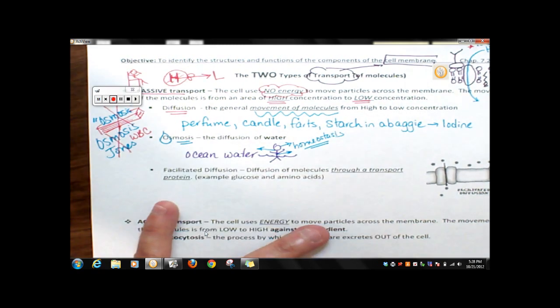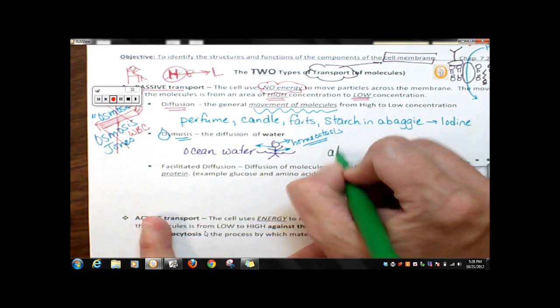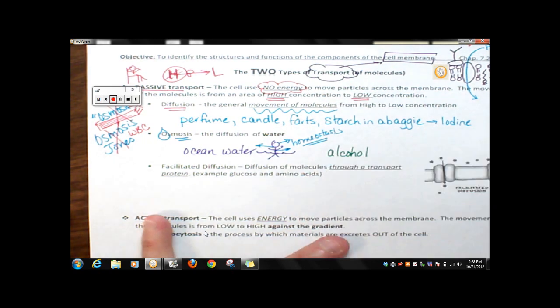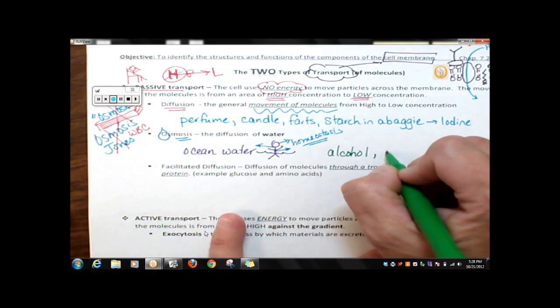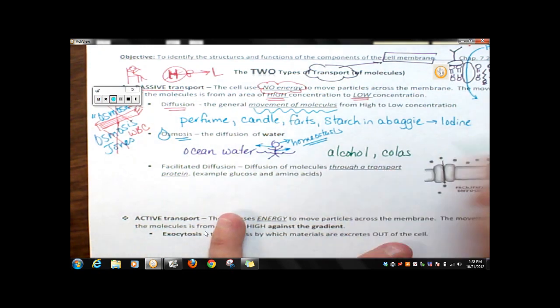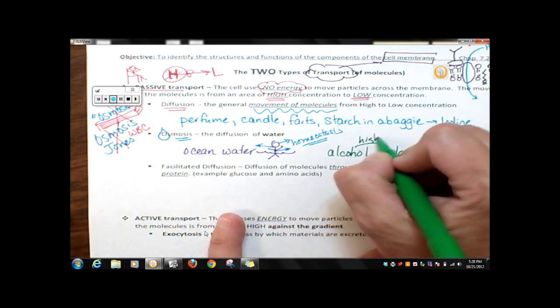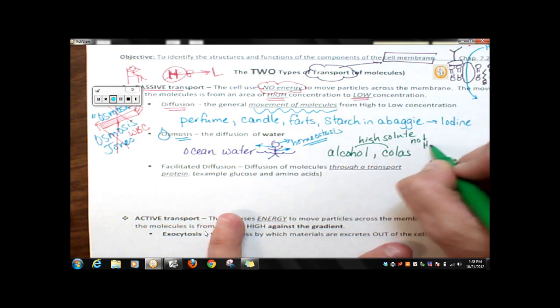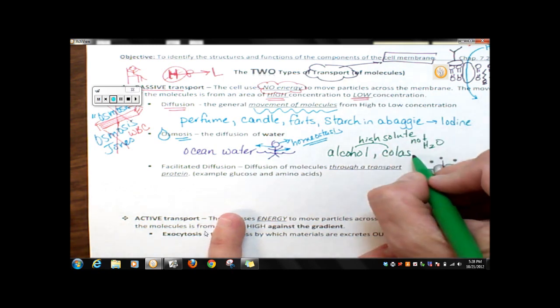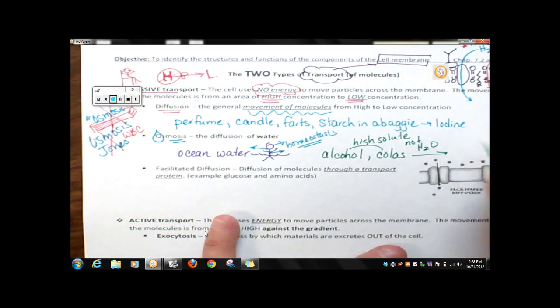Another thing that takes water out of your cells is alcohol. If you drink alcohol, which you should not because you are not old enough to be drinking alcohol, or colas, which are very, very high in solute concentration or not water, then the water in your cells will leave out of your cells as well to try to maintain the balance of these high solutes in your blood vessels.